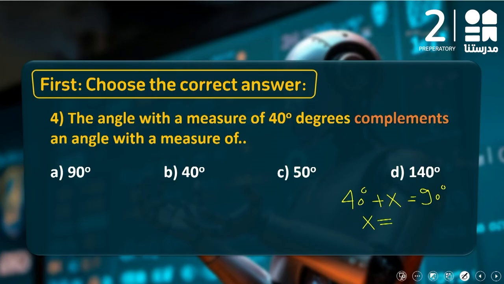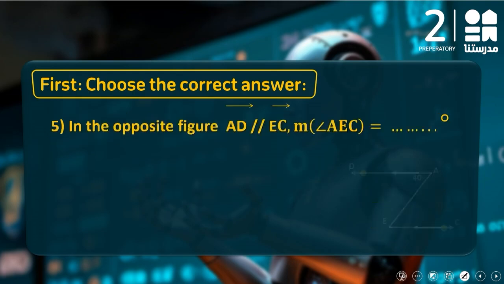Why 90 degrees? Because this is a complement. To find x, we subtract 40 from both sides. So x equals 90 degrees minus 40 degrees, so x equals 50 degrees. This is the value of x that makes this angle complement the other, okay?